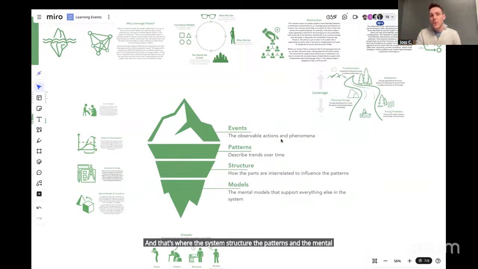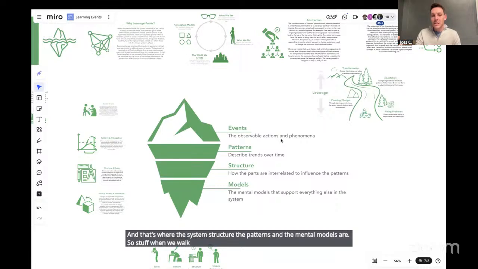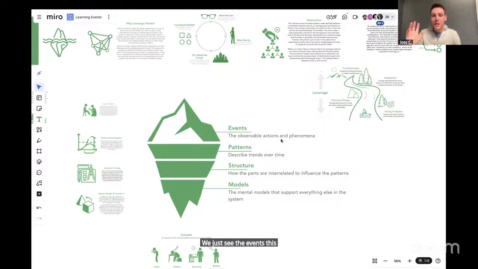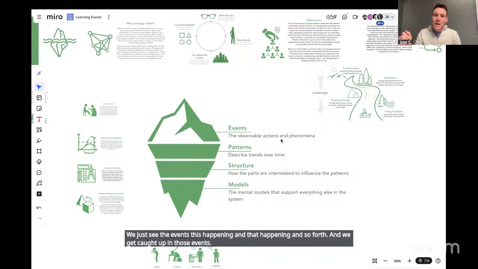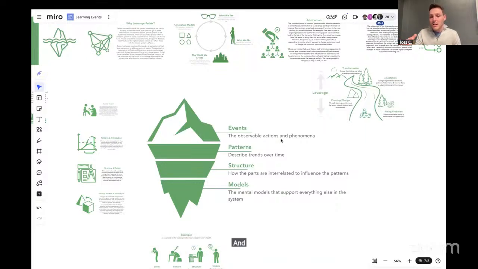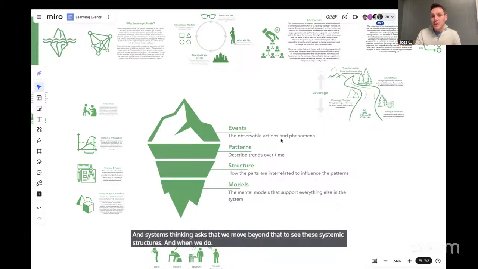So when we walk around our city and the streets, we don't really see the structure of the whole city, of the information flows, of the rules, of the ways that people are looking at things, or even particularly the trends over time. We just see the events, this happening and that happening and so forth. And we get caught up in those events. And systems thinking asks that we move beyond that to see these systemic structures. And when we do, we can start to think about influencing them and higher leverage points.